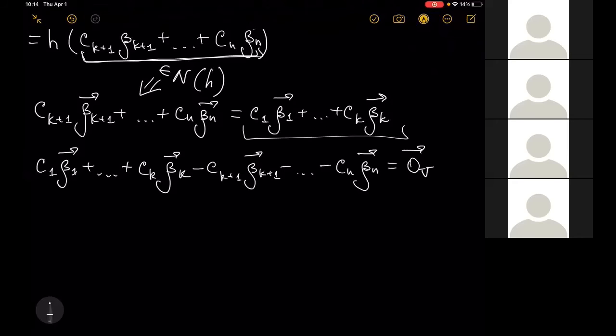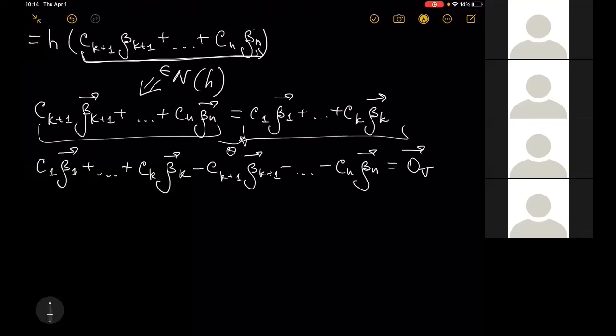I essentially subtracted the left-hand side from the right-hand side. But this is nothing else but a linear combination of vectors of the basis of the vector space V, right?